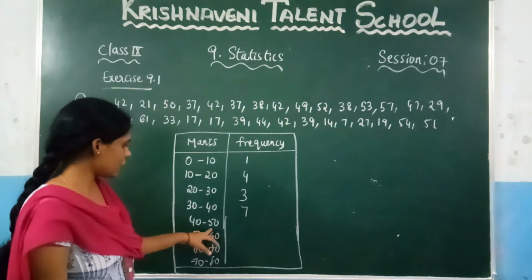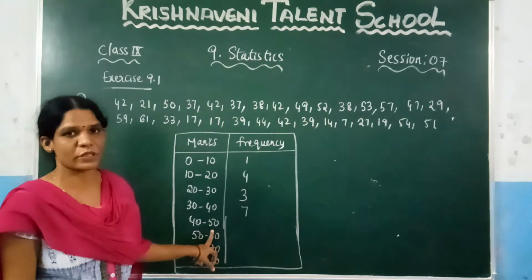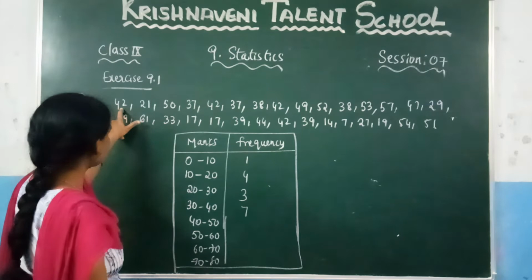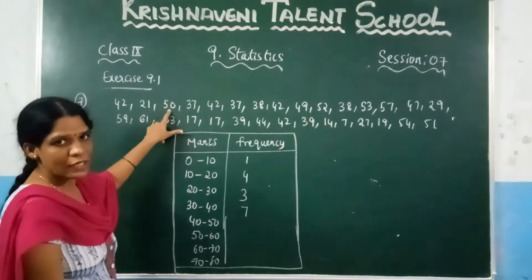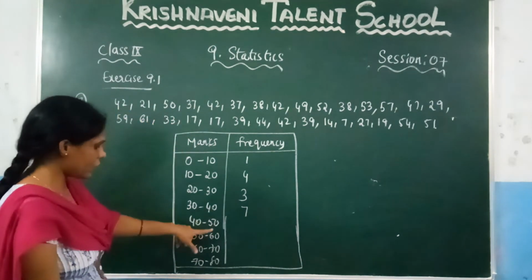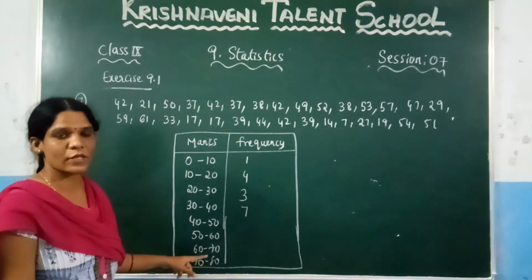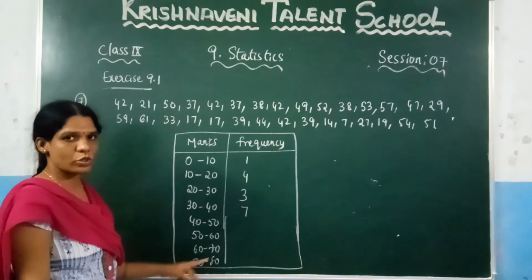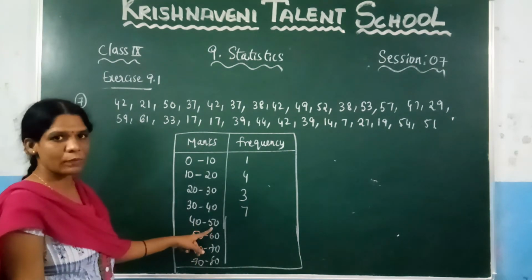Now let us see here in 40 to 50 how many students are there. So let us see here in 40 to 50, 1. Here 50 is there, right? You should not include 50 here because these are the exclusive classes. So you need to include 50 in the next class. So you should not count 50 here. Remember that one.